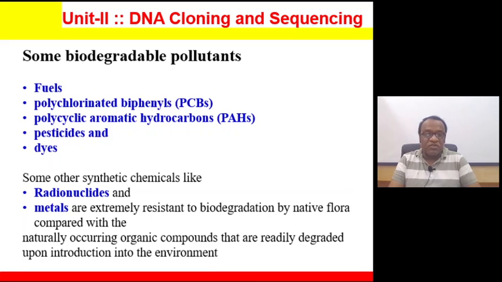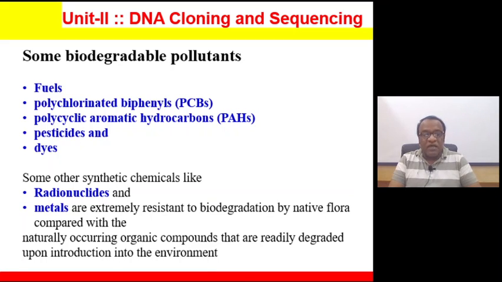During this process, the radionuclide is said to undergo radioactive decay, resulting in the emission of gamma rays and/or subatomic particles such as alpha particles or beta particles. So again, these are the synthetic chemicals which are listed under pollutants.